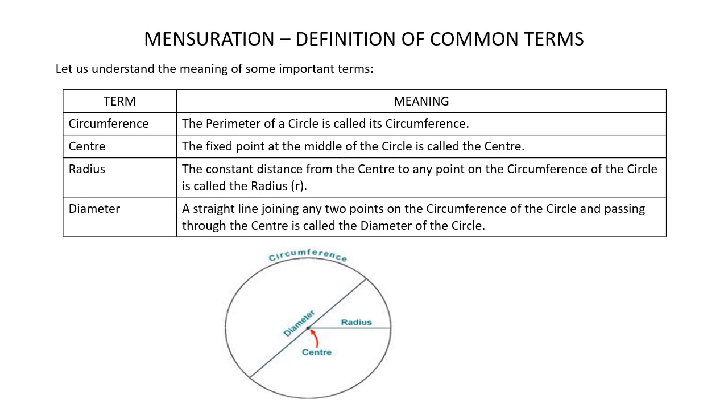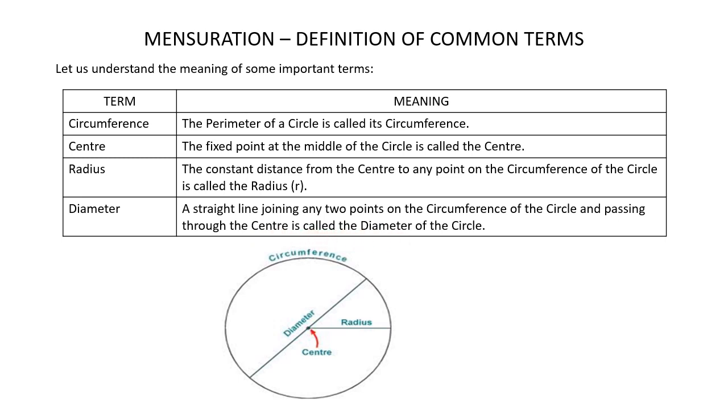Radius. The constant distance from the center to any point on the circumference of the circle is called the radius. Diameter. A straight line joining any 2 points on the circumference of the circle and passing through the center is called the diameter of the circle.